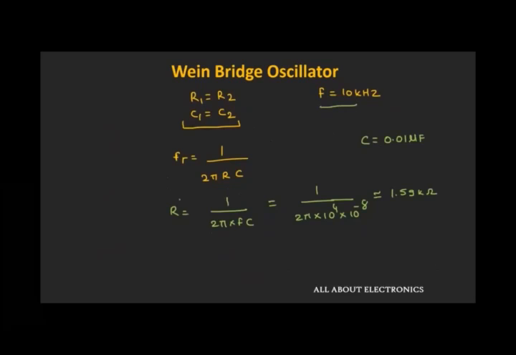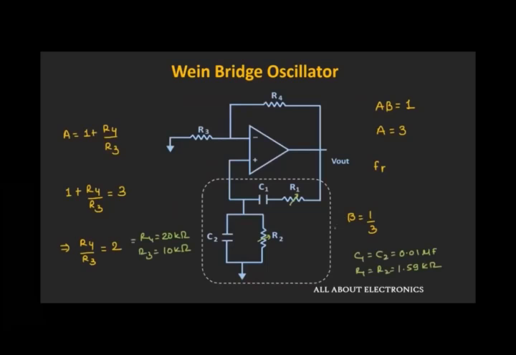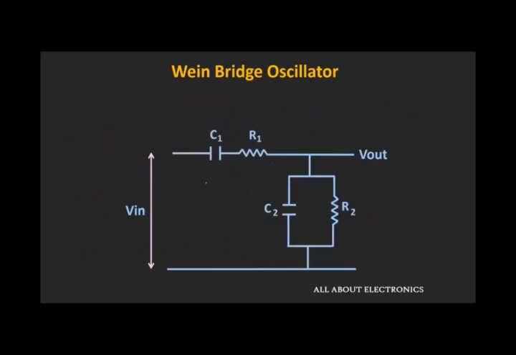Now so far we have directly used this expression for this Wien bridge oscillator. So let us derive this expression for the Wien bridge oscillator, and let us also see why, at this resonant frequency FR, the feedback fraction of this RC network is equal to 1 by 3. So for the derivation, let us assume that the impedance of this series RC circuit is equal to Z1 and the impedance of this parallel RC circuit is equal to Z2.